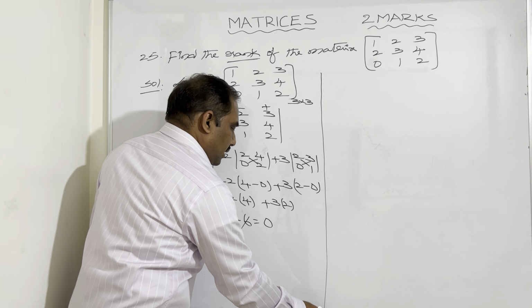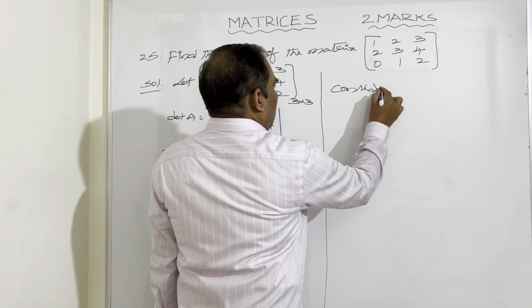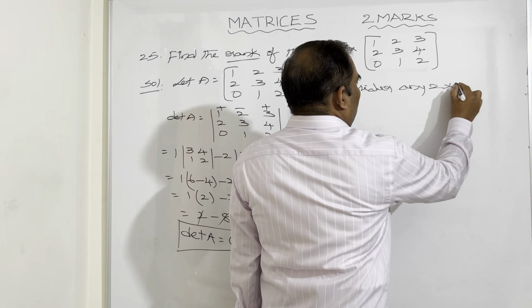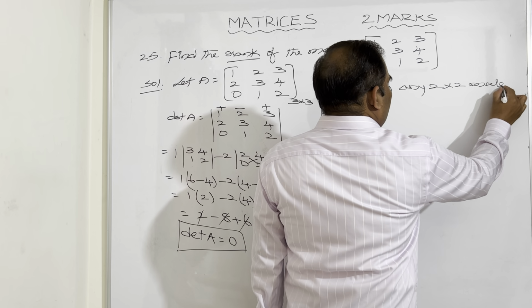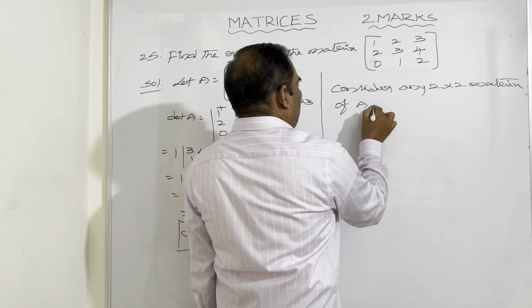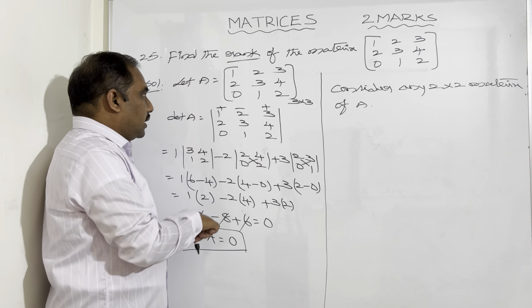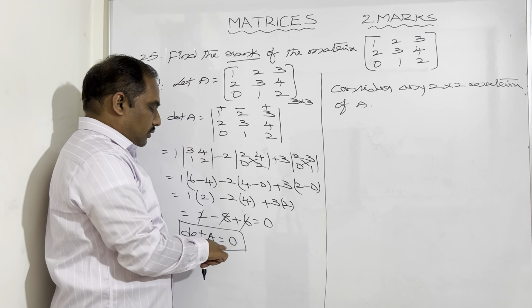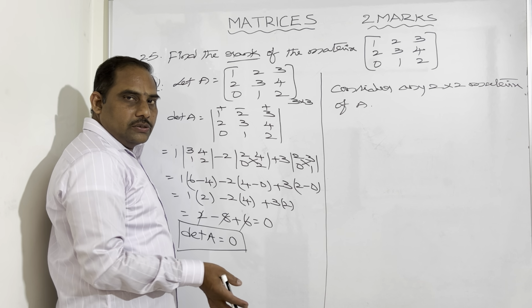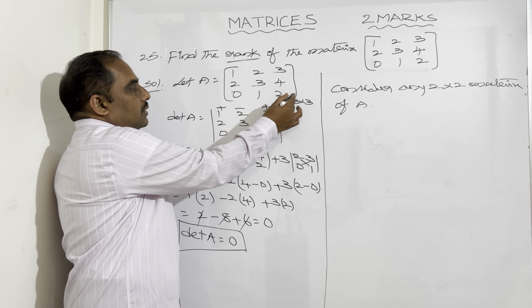Now consider any 2 by 2 matrix of A. If you get the determinant of the 3 by 3 as 0, suppose the 3 by 3 matrix determinant is not equal to 0, straight away you can write the rank is 3 only.